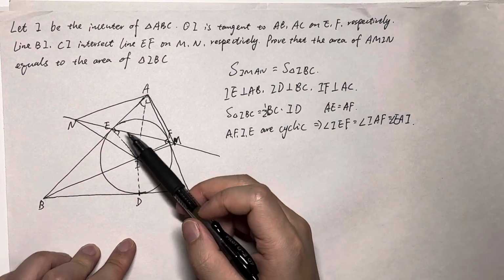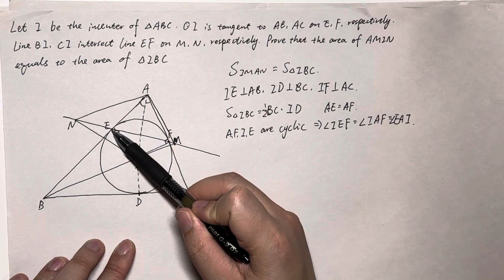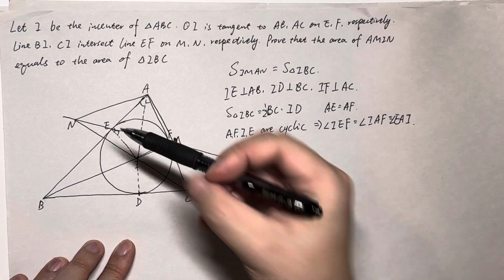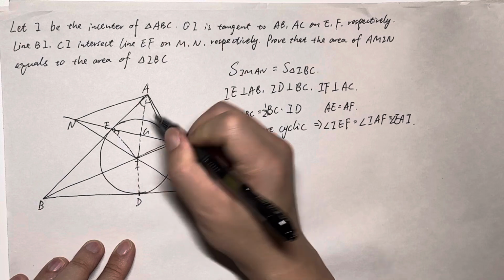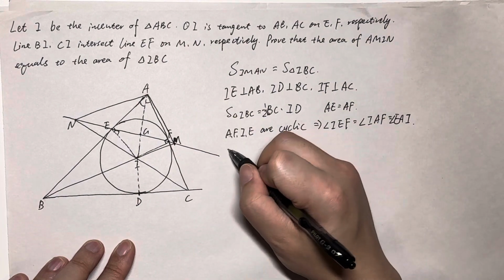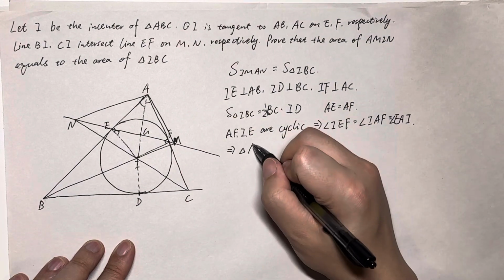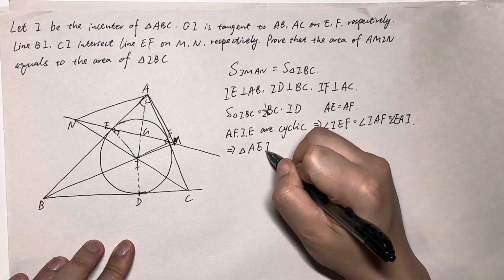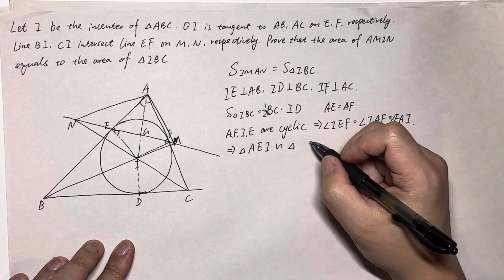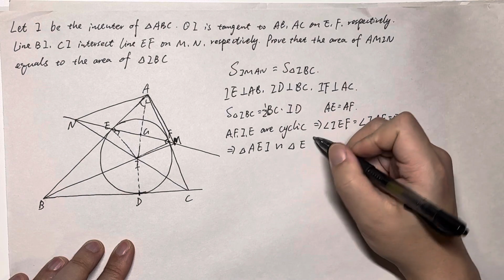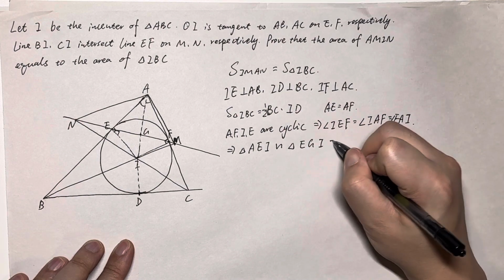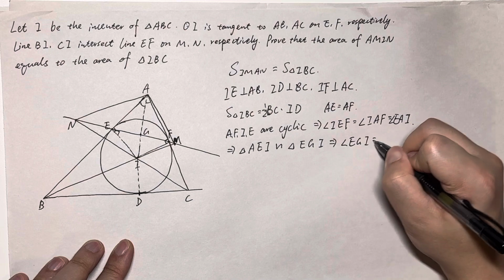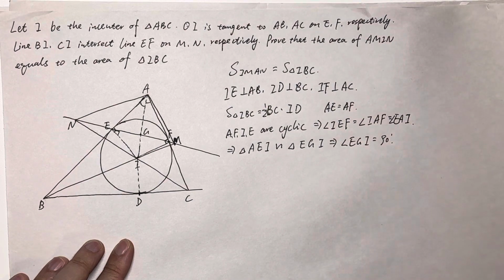And we know that angle EIA equals angle EIG, call this point G. So we know that triangle AEI is similar to triangle EGI, which means angle EGI equals 90 degrees, right?